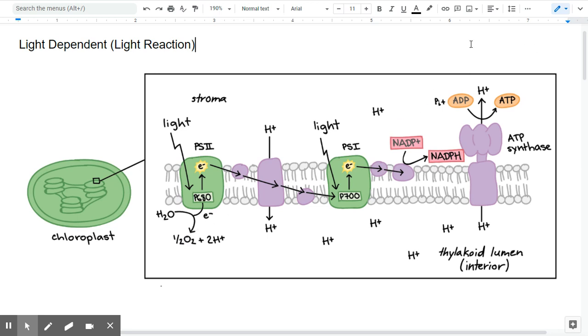So those are the things that we want to concentrate on: light going in, splitting water, and then using our hydrogen here to make NADPH, as well as using it to make ATP.